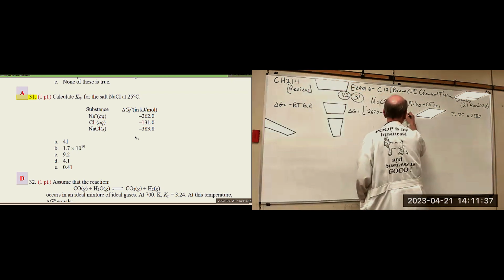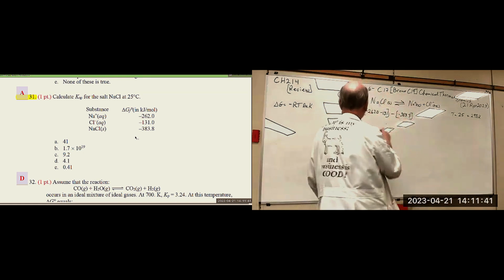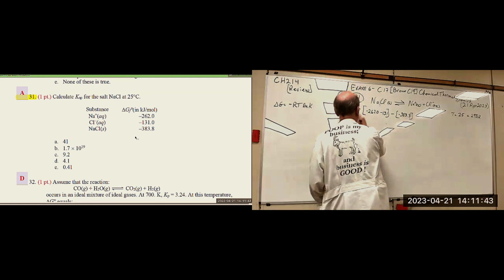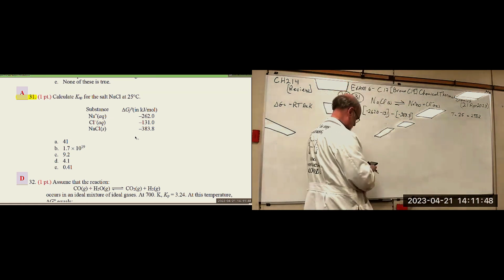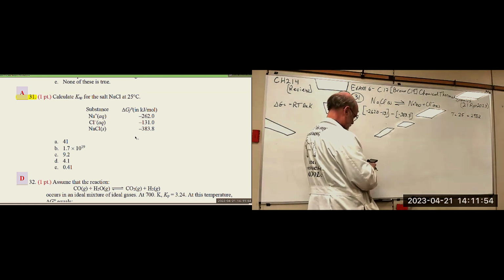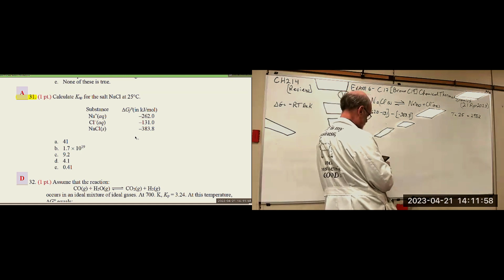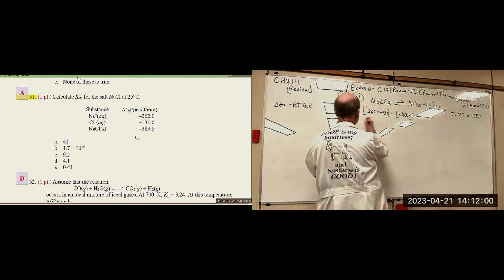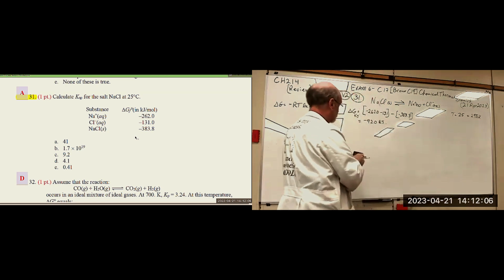Minus 383.8. And these are all in kilojoules. Okay, so let's find out what that value is. 262. Change the sign. 131 minus, and then 383.8 plus. So I get a minus 92 kilojoules.